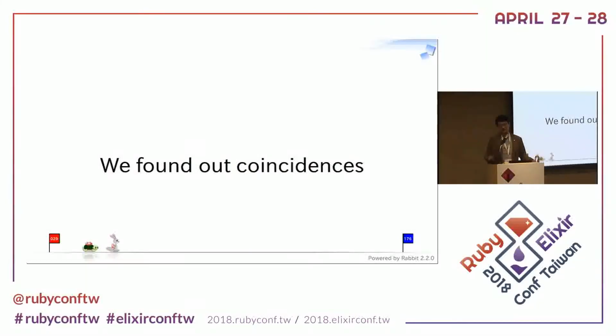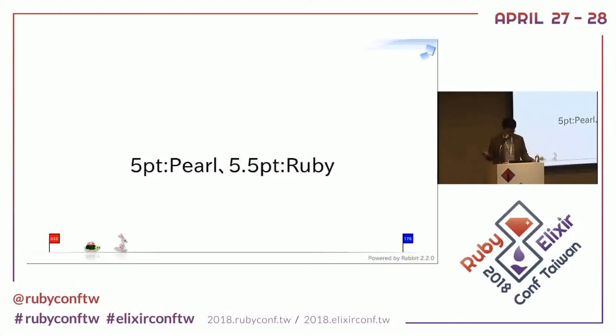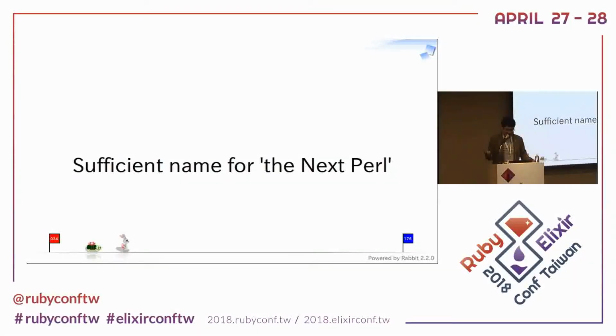Afterwards, we found some coincidences, like the birthstone. In birthstones, Pearl is the birthstone of June, and Ruby is the birthstone of July. And font sizes have names. The 5-point font has the name Pearl, and the 5.5-point is named Ruby. So it's a suitable name for the next Perl.